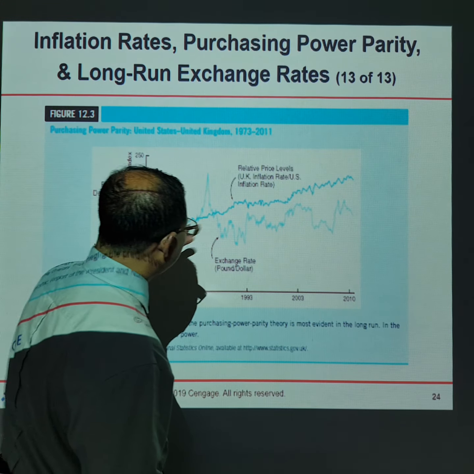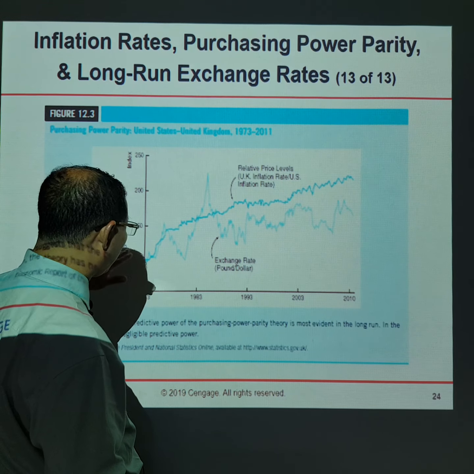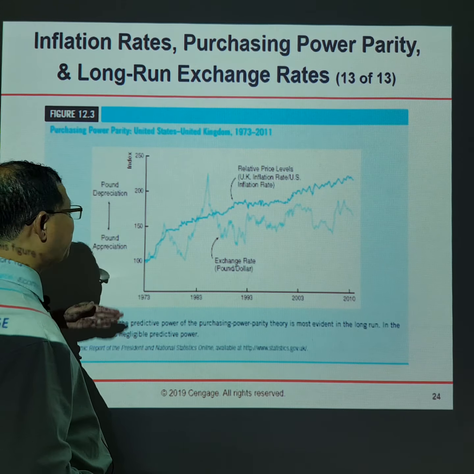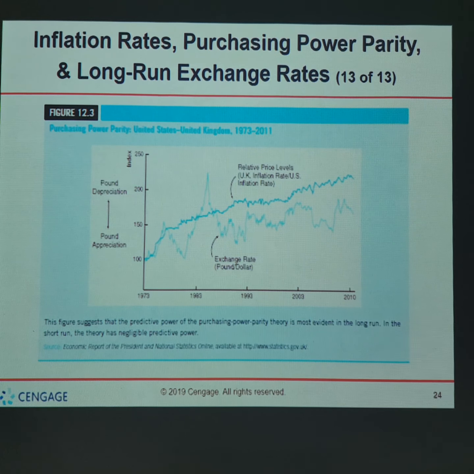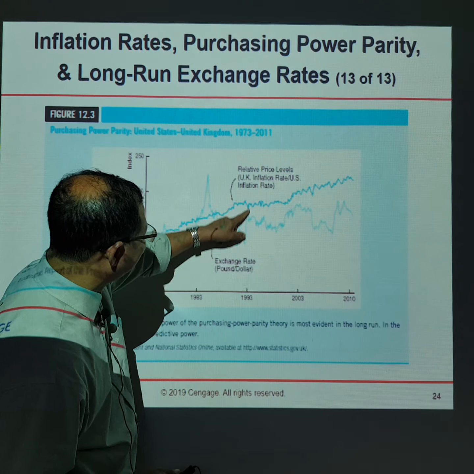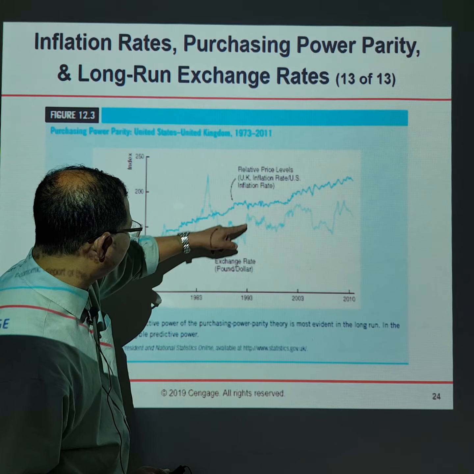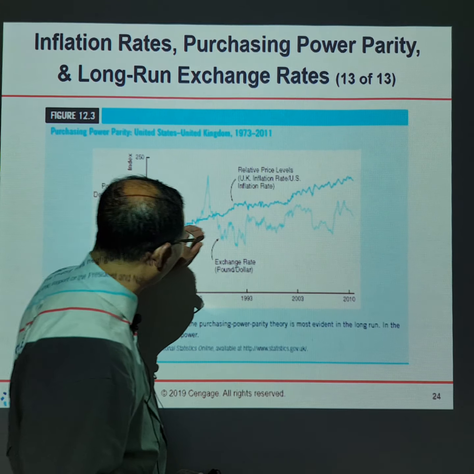Increases in price levels will lead to depreciation of the currency. But here, we're seeing that in the short run it doesn't really tally. So it only tallies in the long run.